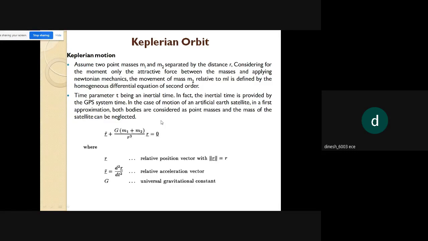What is this r? It is the relative position of the object with respect to that location. And what is this r double dot? It is the relative acceleration, which is the differentiation of this r: d square r divided by d t square.